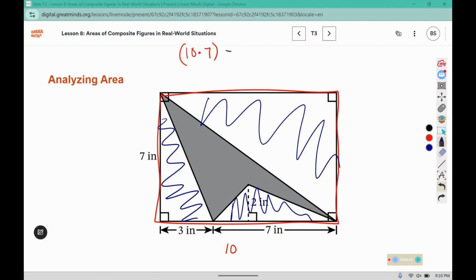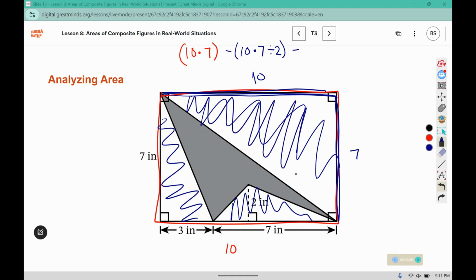Then we're going to remove, this is also 10, and this also reaches a height of 7. But since it's a triangle, triangles get cut in half or divided by 2, and that takes care of this triangle here.